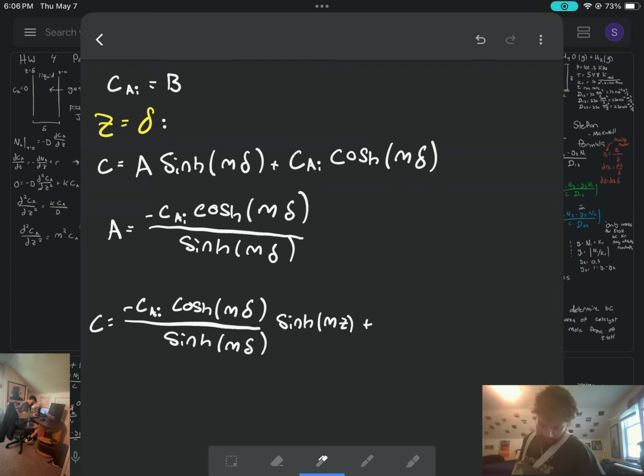For B, we said B is equal to the concentration at the interface, and that'll be multiplied by cosh mz.